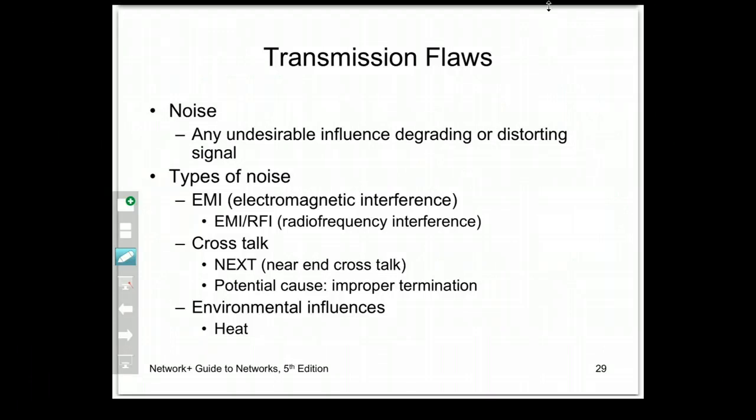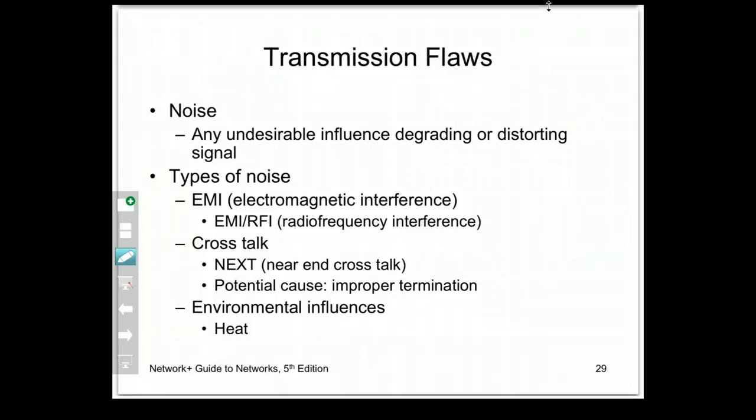I'll end on this slide before we go to the actual hardware. Noise and types of noise are big in transmission flaws on media. Noise is any undesirable influence. It could be electrical influence. It could be a motor that's putting off electrical waves or electromagnetic waves.